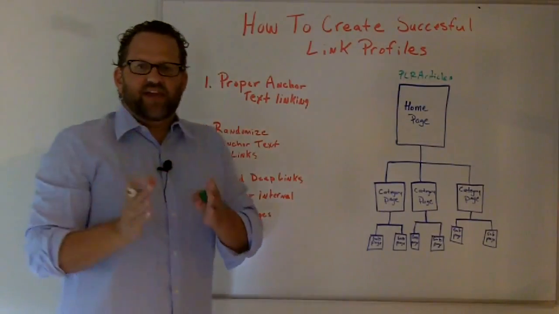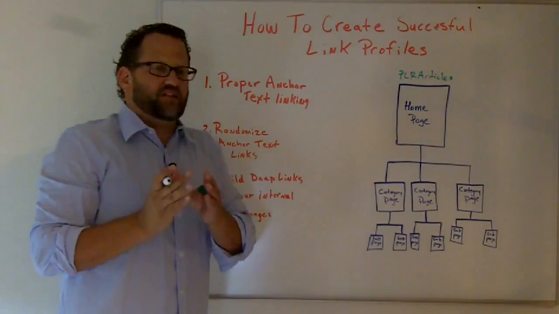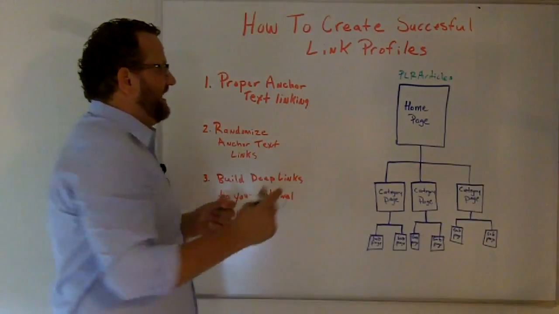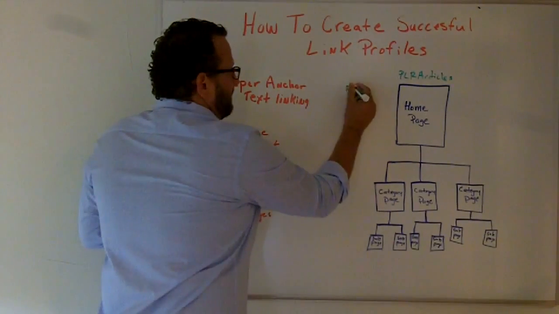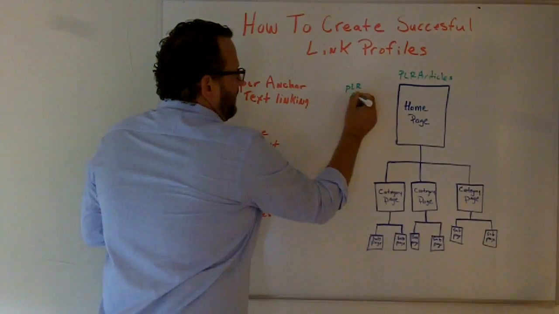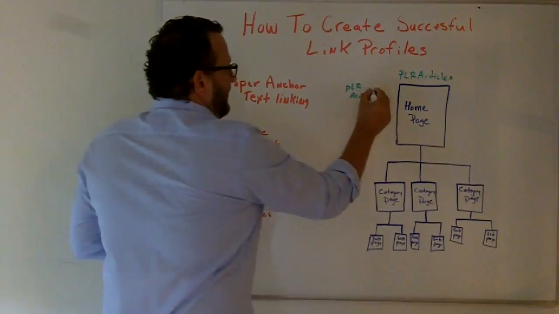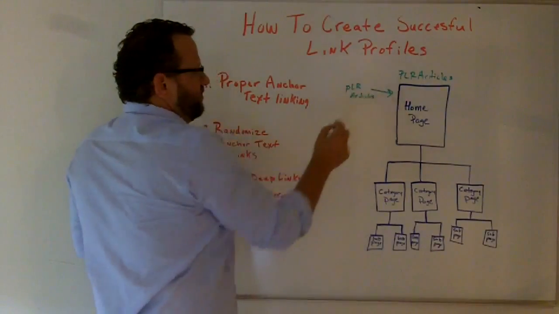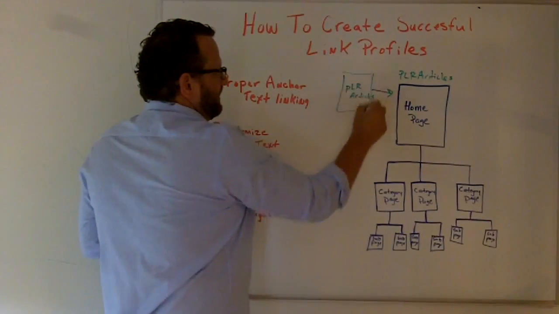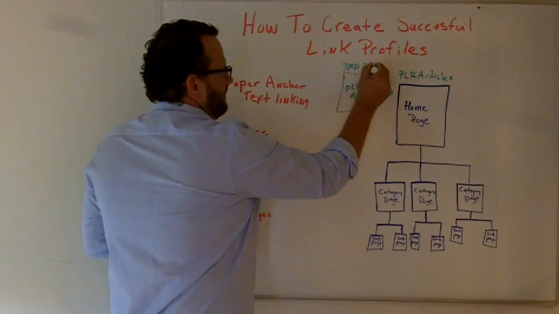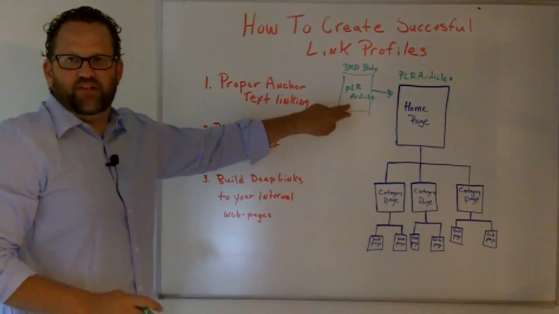when I have a link come from another third-party site, I want to make sure that within that anchor text, within that link, I have the words PLR articles in that link text. So here's the third-party site where you're getting your link. This is where the link is coming from.